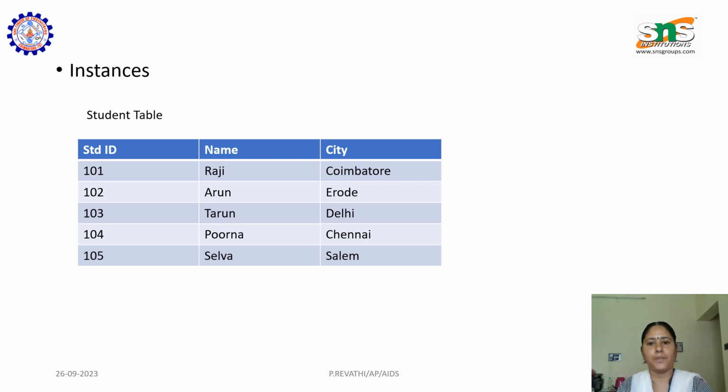For example, in this student table, rows are called instances. Let's say we have a single table, student, in the database. The student table has 5 records. So today the instance of the database has 5 records.